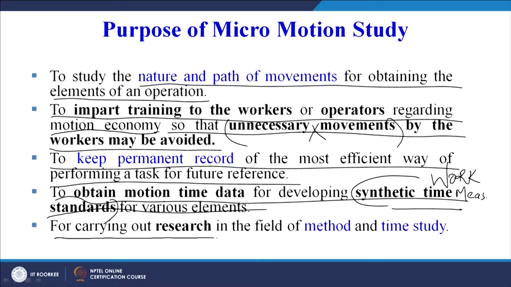So micro motion will also help us in carrying out research in the field of method and time study. So maybe we can trace or locate some areas where improvement can be done with the help of micro motion study, and then further we can do research in that area and try to economize the efforts of the worker.